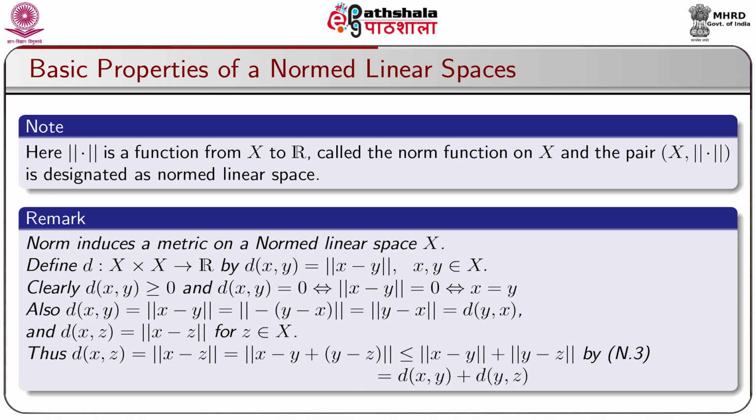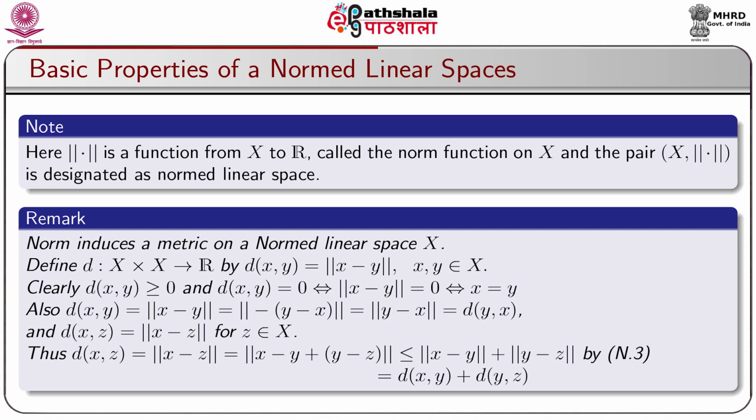Thus, we see that d(x,y) is greater than or equal to 0 and d(x,y) equals 0 if and only if x equals y. Also, d(x,y) is equal to the norm of x minus y, which is equal to the norm of minus of y minus x, which is equal to the norm of y minus x, which is d(y,x); that is, the symmetry axiom holds for a metric. And consider d(x,z), which is the norm of x minus z, for z belonging to X.